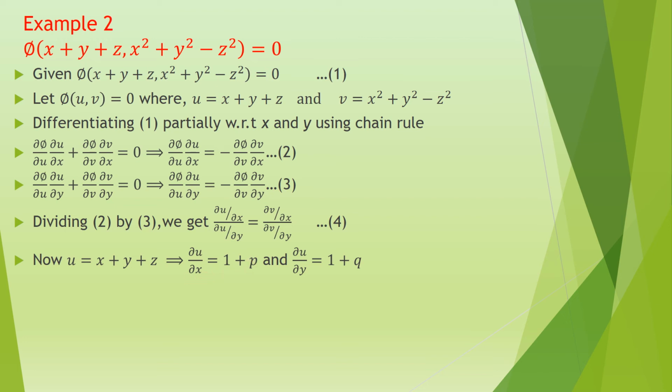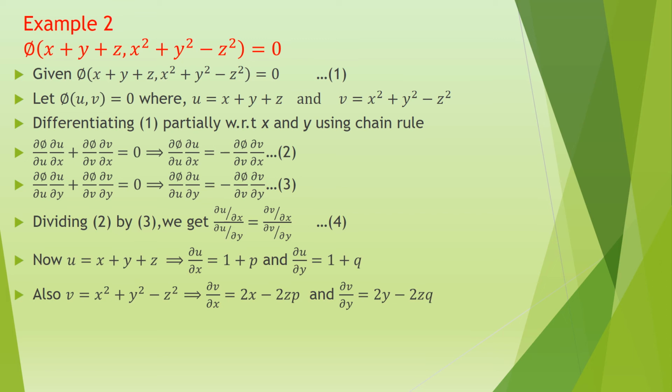Similarly, ∂u/∂y is 1 plus q. Likewise, we have v equal to x square plus y square minus z square. So ∂v/∂x is equal to derivative of x square is 2x plus derivative of y square is 0 minus derivative of z square is 2z into derivative of z, which is ∂z/∂x or p. So ∂v/∂x is 2x minus 2zp.